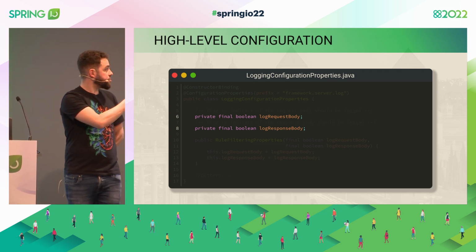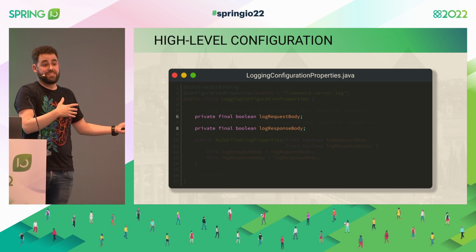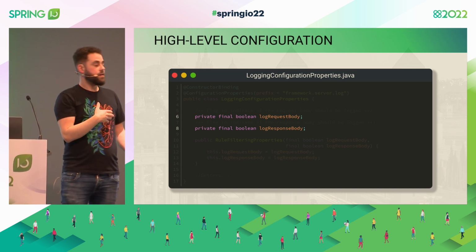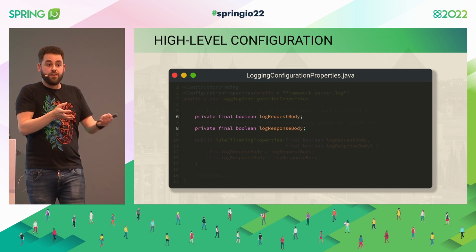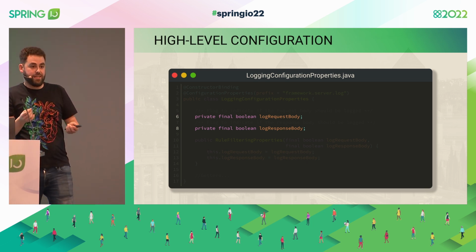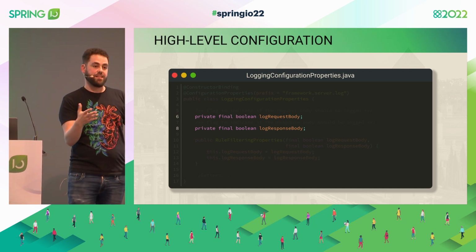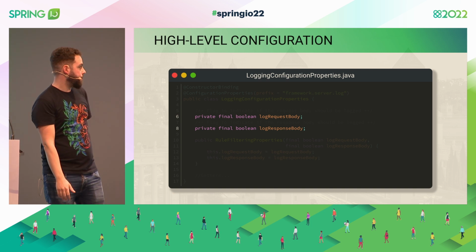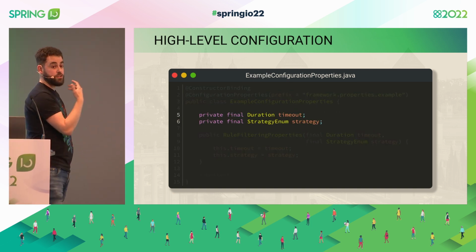If we are paying attention, we see that log request body was written with dashes, whereas our class is still camel case, as is standard in Java. One of the benefits of configuration properties is that they have this kind of non-rigid binding, where we can have different ways of writing the same name, and it understands that one is equal to the other. On top of that, it's also very useful because it understands some types.